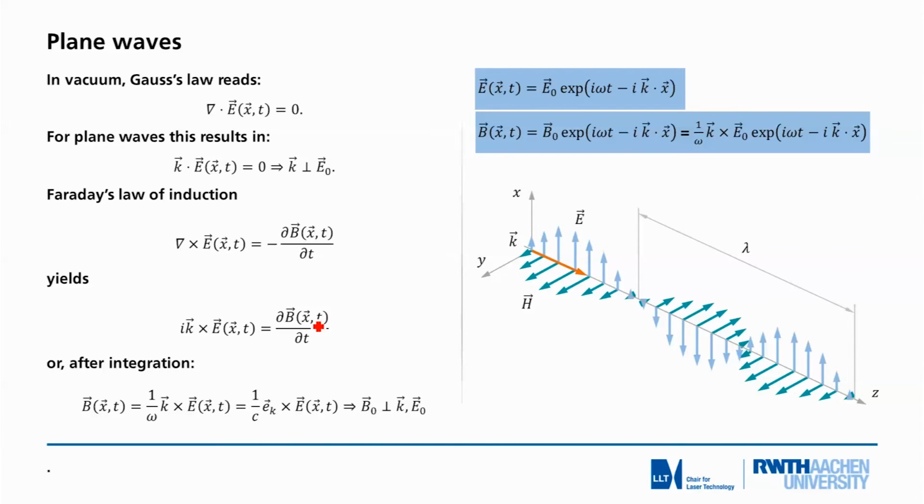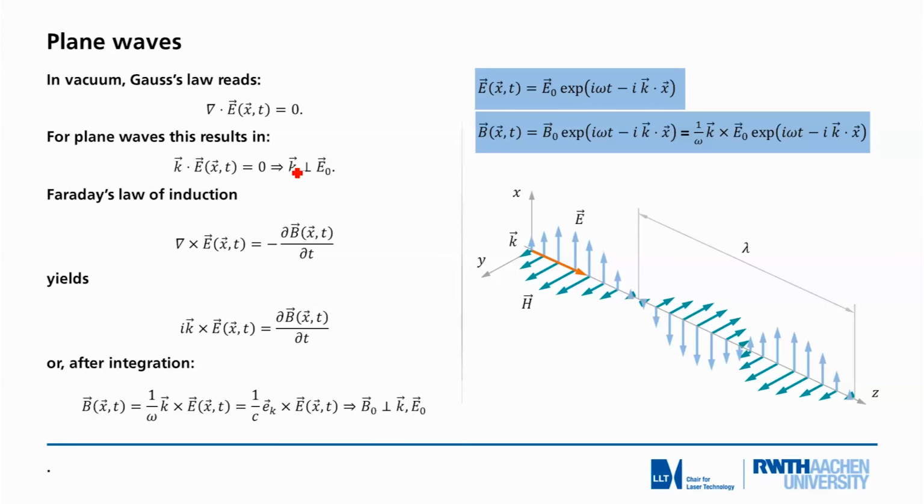Or if we integrate that, we get the expression that the magnetic induction is proportional to the electric field and the wave vector k linked by a cross product. That means that B, the magnetic induction, is always perpendicular to E and to k, which again, as we saw above, are perpendicular.